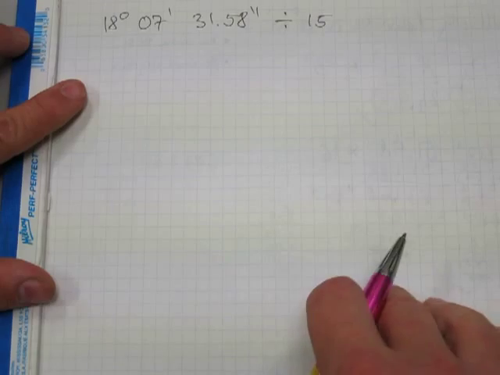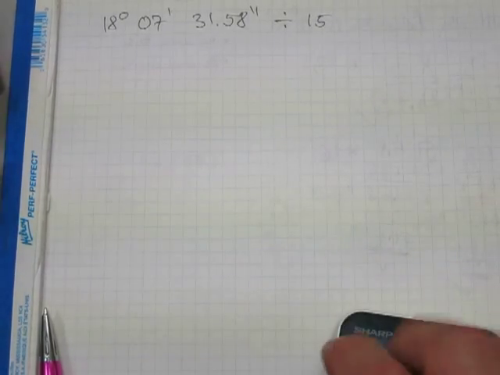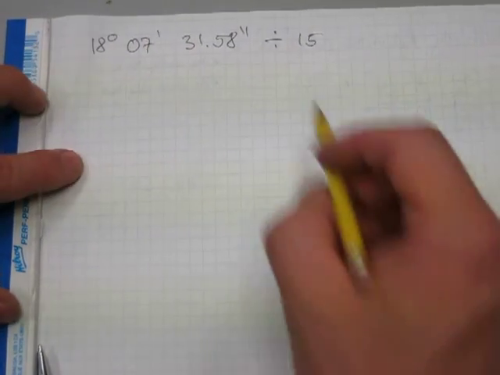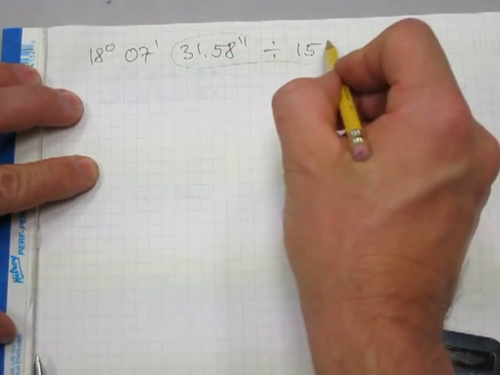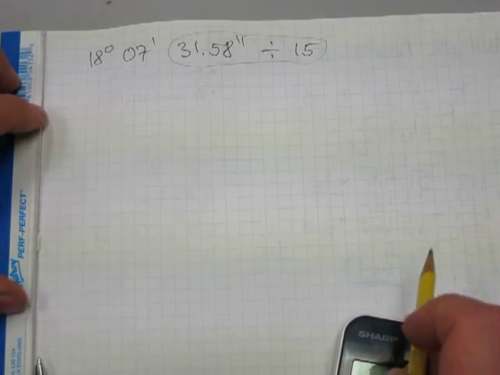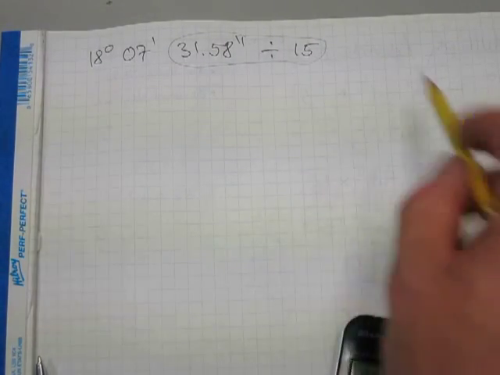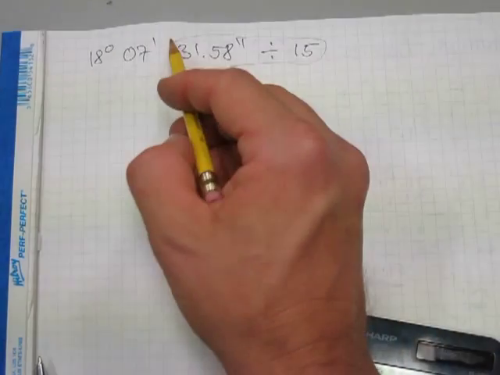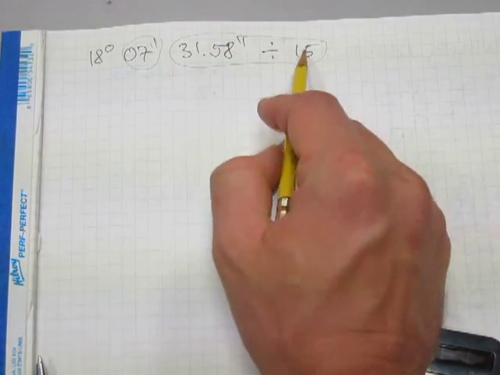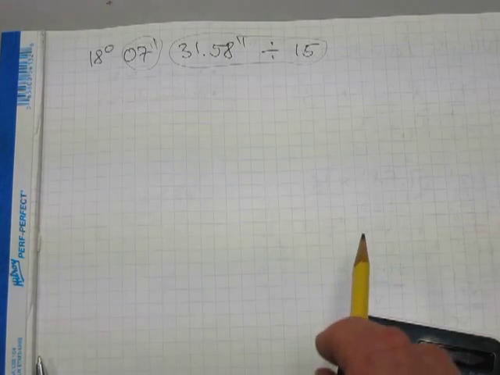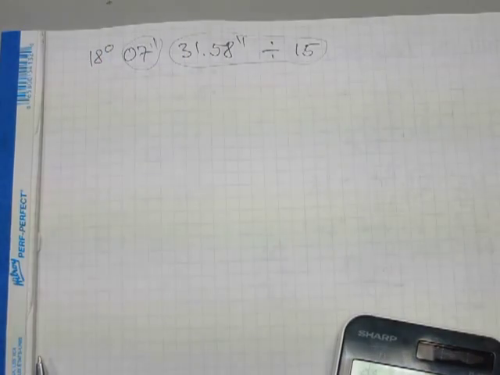See how that goes. Again, the same procedure applies: you have to take the seconds amount and divide it by the divisor and make a subtotal of it. Do the same with the minutes amount, divided by the divisor, write down the subtotal somewhere. Same with the degrees.